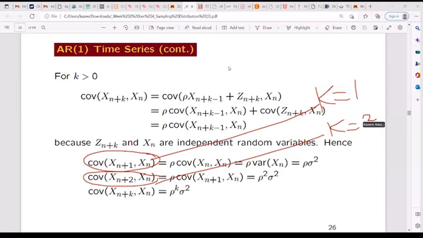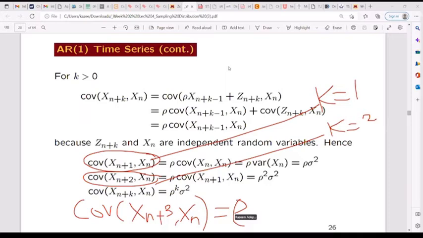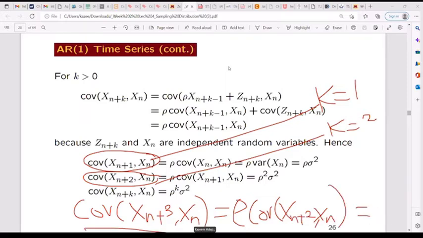Now, if I want to continue, I want to go into k equal to 3. Let me go down. That will be n plus 3, right? The covariance of Sn plus 3 and Sn equals rho times the covariance of Sn plus 2 and Sn. Now, what did I get for this covariance of Sn plus 2 and Sn? I got this, so I'm going to put rho squared sigma squared. What about rho?